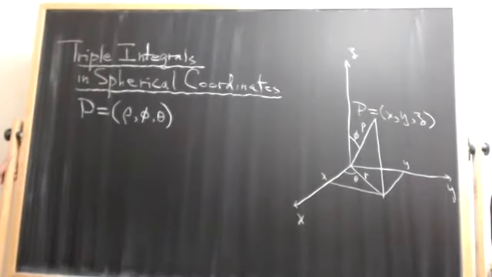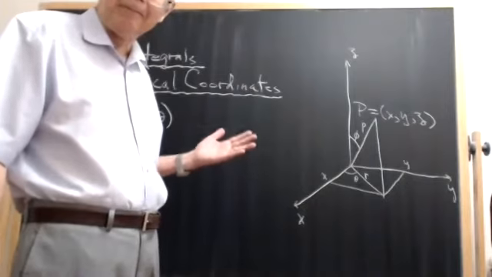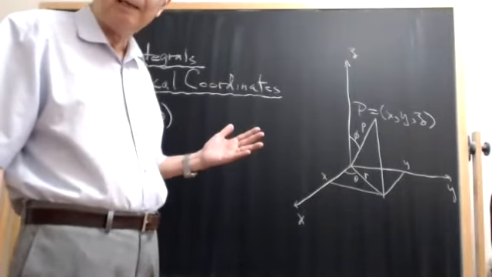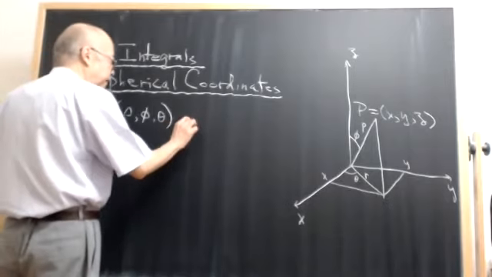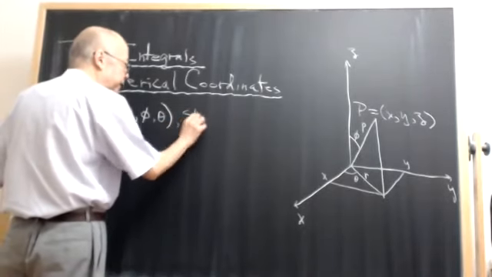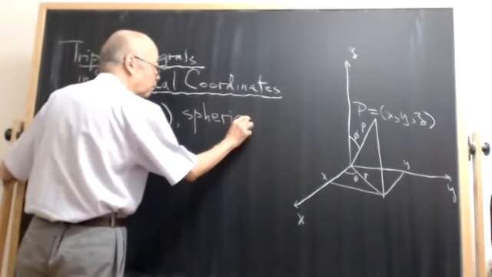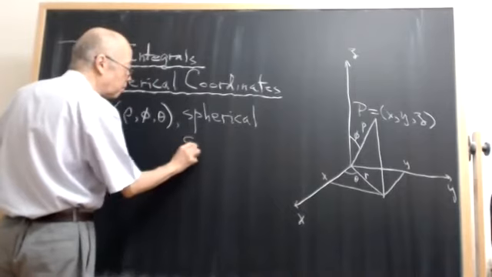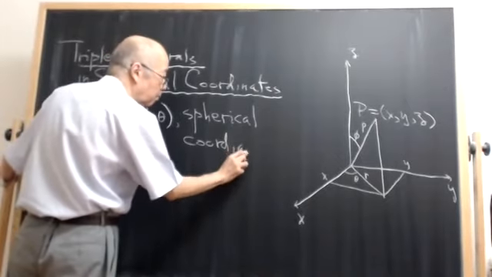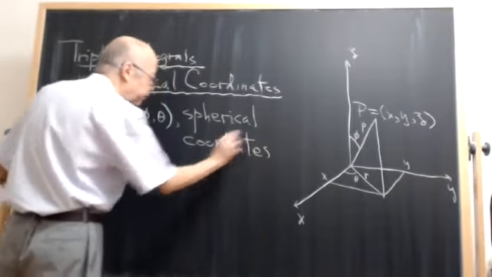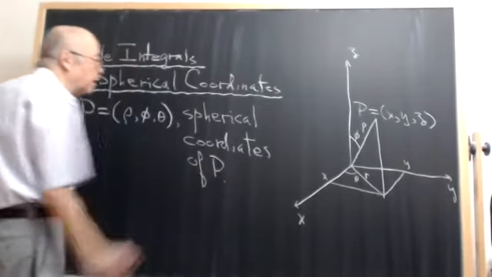And these three variables, these three coordinates here, specify the point P. And we call this the spherical coordinates of the point P.